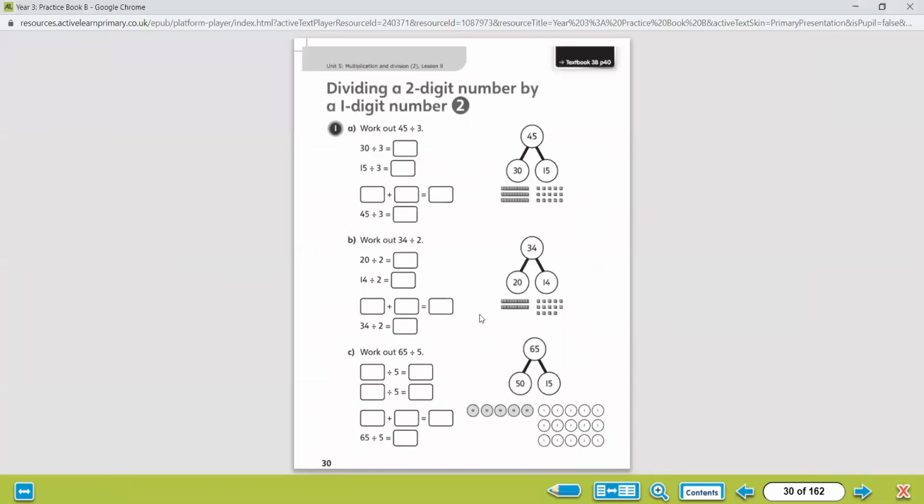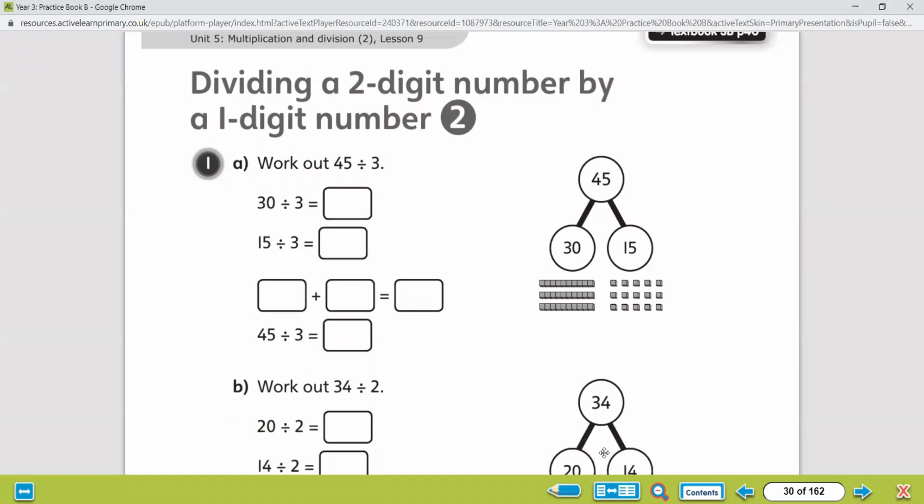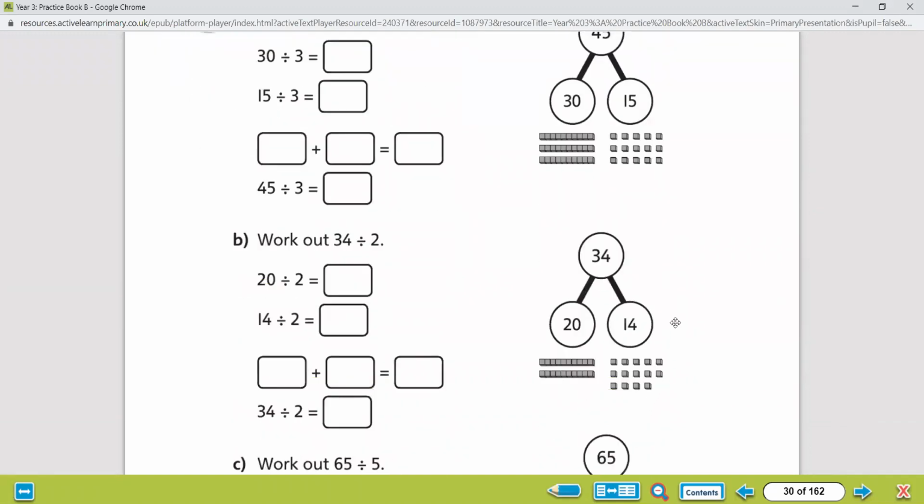Let's have a look at 1b. So 34 divided by 2. And again, this has been partitioned into numbers that I know are in the 2 times table. It's been partitioned into 20 and 14. So we're going to divide the 20 by 2.